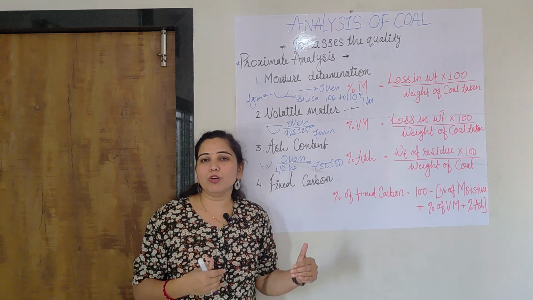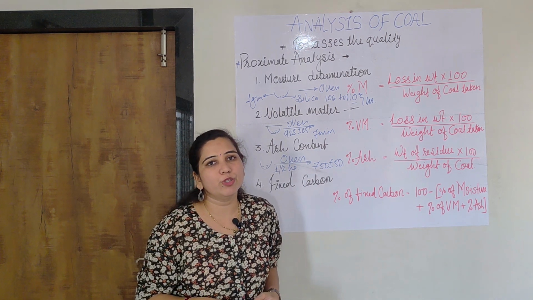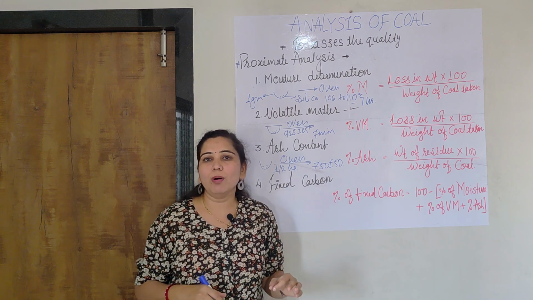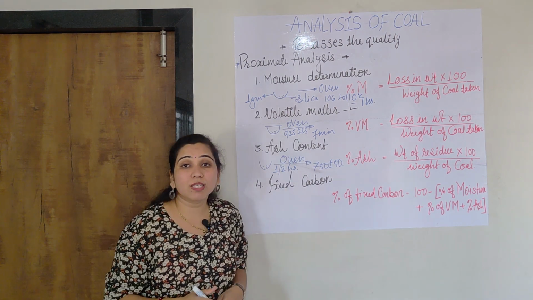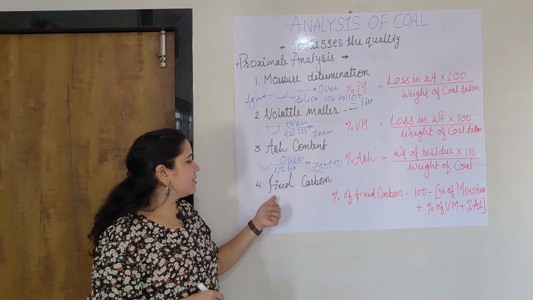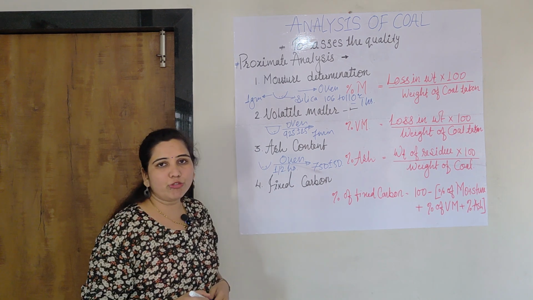So a low amount of ash is required for good quality coal. Coal having a very low amount of ash is of good quality. This is the significance of ash. Now last, moving towards the percentage of fixed carbon.